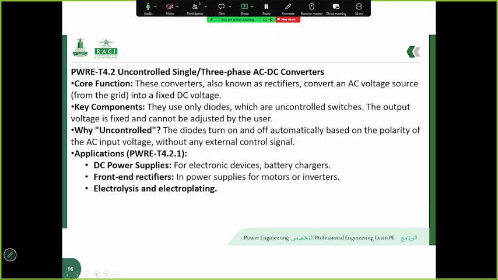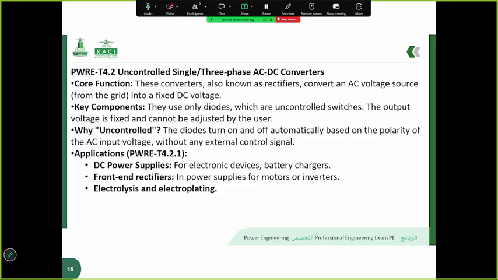Okay, this slide introduces uncontrolled single phase and three phase AC to DC converters, commonly known as rectifiers, which are used to convert AC from the electrical grid into a fixed DC output voltage.